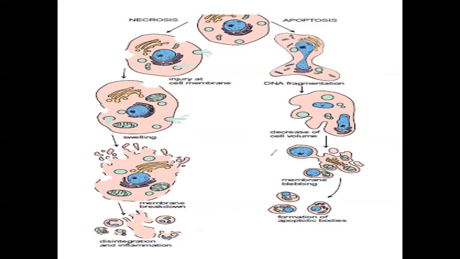Again, when we say necrosis, it's something pathologic. When we say apoptosis, it's also known as programmed cell death. It's usually of a natural occurrence, like for example, the shedding of the skin cells. Itong necrosis, example, infection.